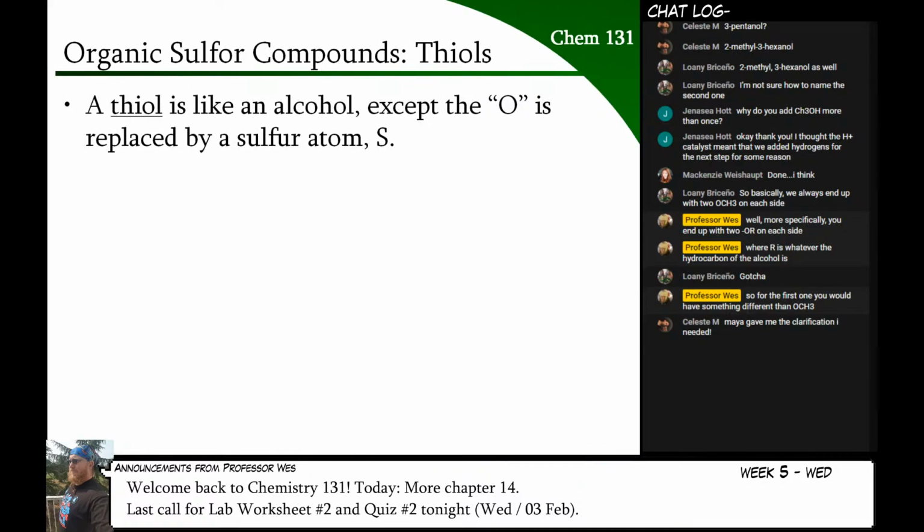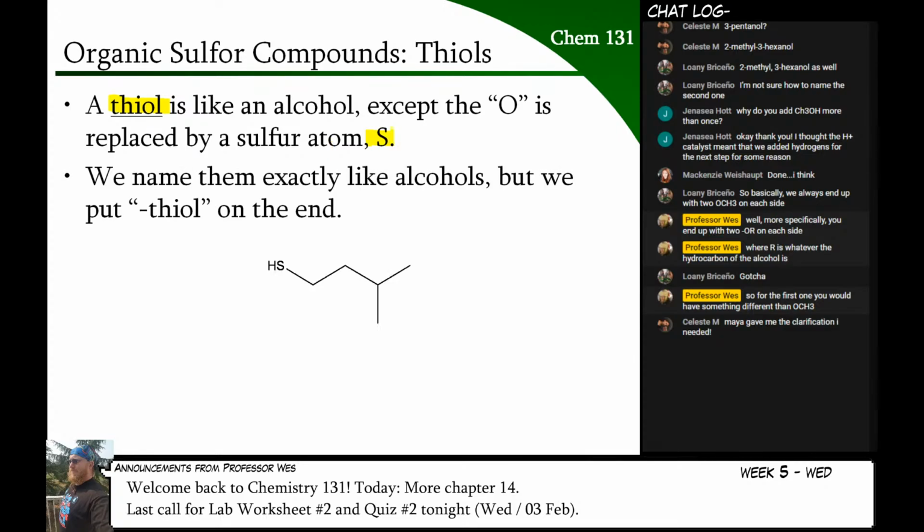All right. A sulfur-containing compound is called a thiol. It's like an alcohol, except it has sulfur instead. So what that looks like would be something like this. And you can name these in exactly the same way as you'd name an alcohol, except it would be thiol at the end of the alkane longest chain.